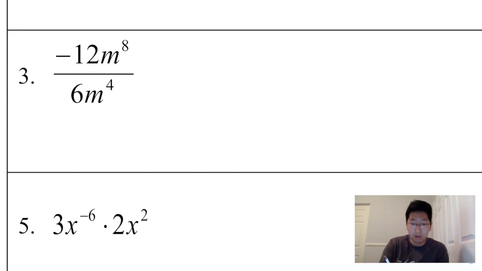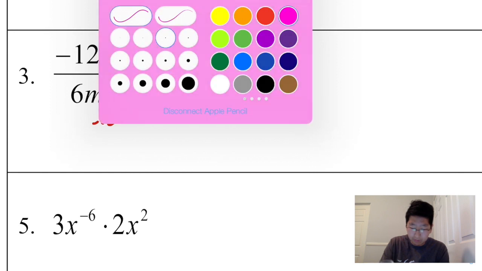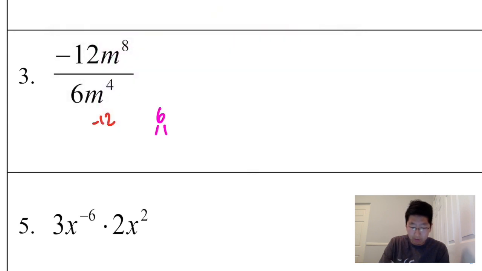So what we can do is look at these numbers, 12 and 6. We can break up negative 12 and 6. 6 can be broken up to 3 and 2. Or, I'm not even going to do that. You know that both negative 12 and 6 can be divided by 6.